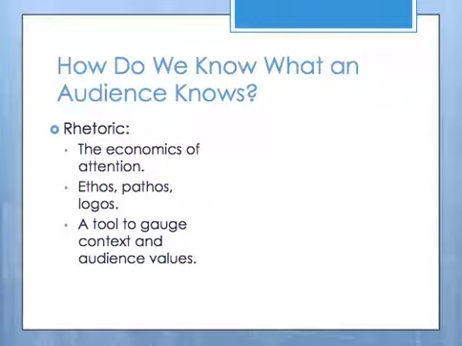Ethos, pathos, and logos are all going to be critical. If you've had 1113 and 1213, composition 1 and composition 2, you've likely heard of these. So as we're molding our documents, we're going to be thinking about ethos, which is our authority as an author. How are we establishing our authority as an author?